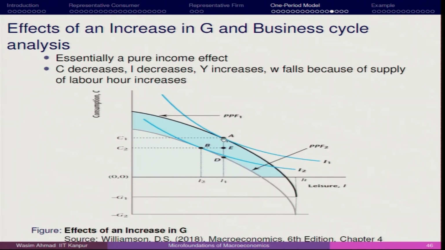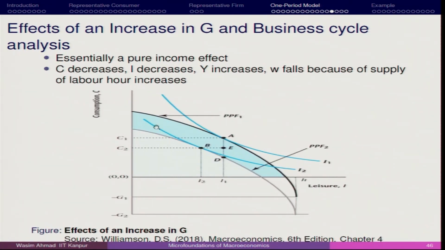At this level you will see that the leisure demanded is L1, and at point A the corresponding consumption is C1, but because of this government expenditure increase, it is leading to an inward shift in the production possibility frontier.